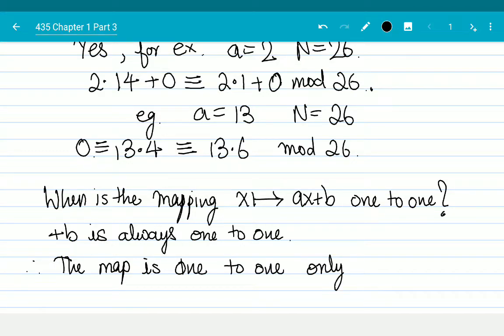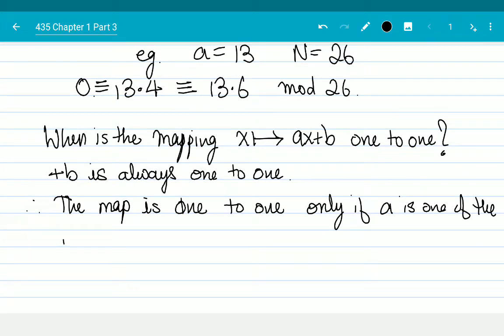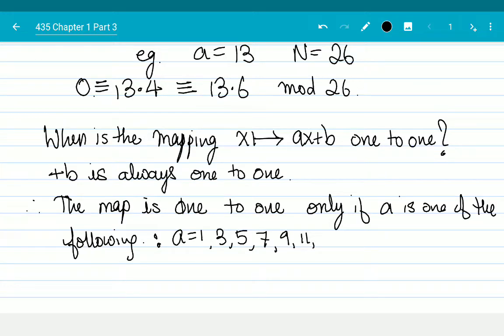only if a is one of the following. So a is equal to 1, 3, 5, 7, 9, 11, not 13, 15, 17, 19, 21, 23, 25.